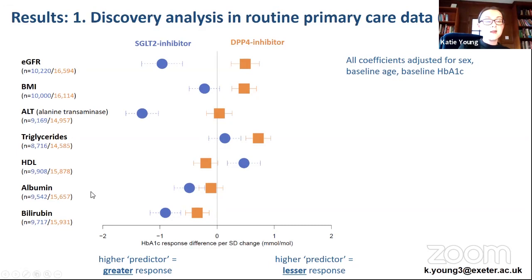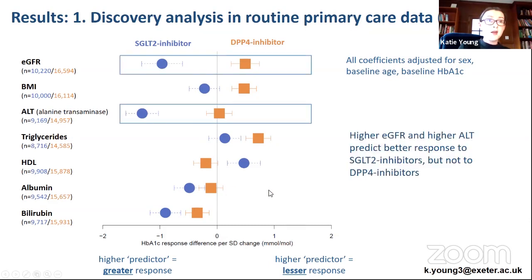You can see here that some features such as albumin level don't differentially predict response to SGLT2 and DPP4 inhibitors, so they wouldn't be useful for identifying patients who would respond better to one of these treatments than the other. You can see for eGFR, which is a measure of kidney function, and ALT, which is an enzyme produced by the liver, that higher levels predict much better response to SGLT2 inhibitors, but don't show the same response to DPP4 inhibitors, so could be used to help guide treatment choice.